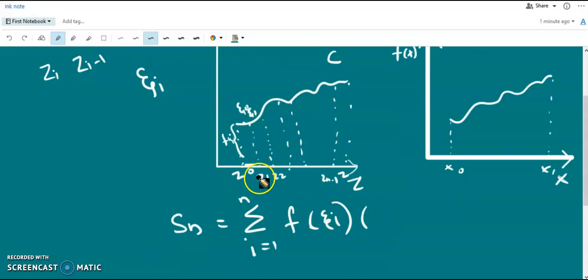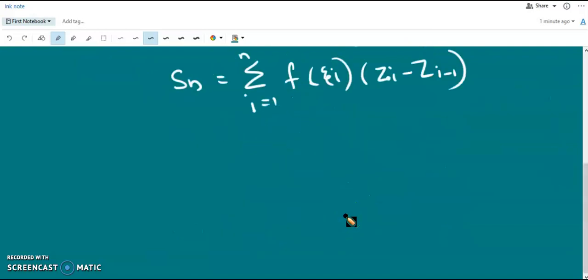For the first rectangle, it is z1 minus z0, and the height is f of zeta 1. So we can write it as z i minus z i minus 1, where i goes from 1 to n. The end point is z, which is equal to zn.